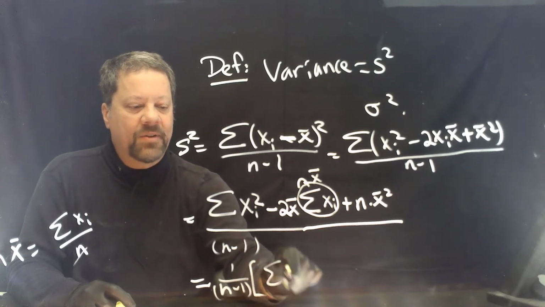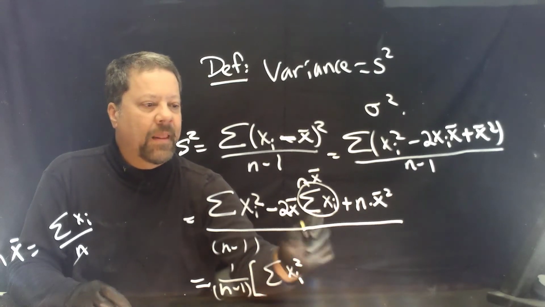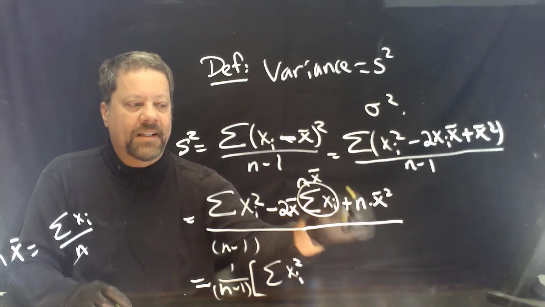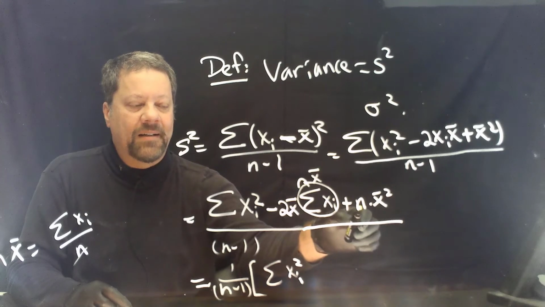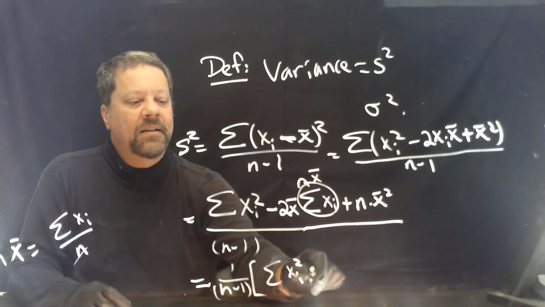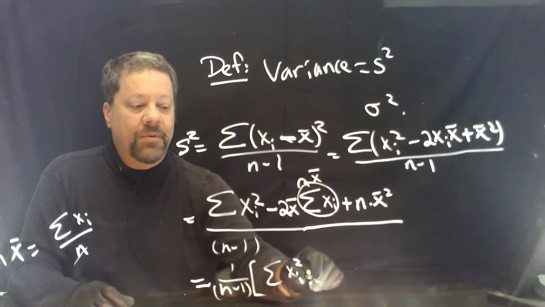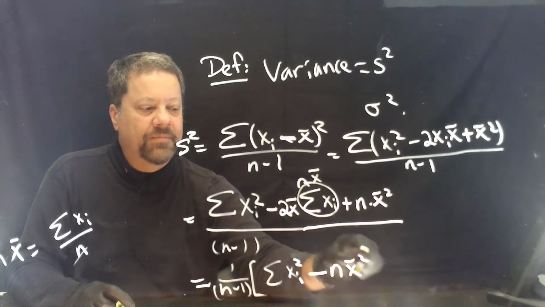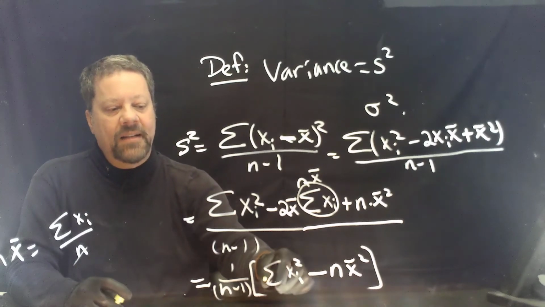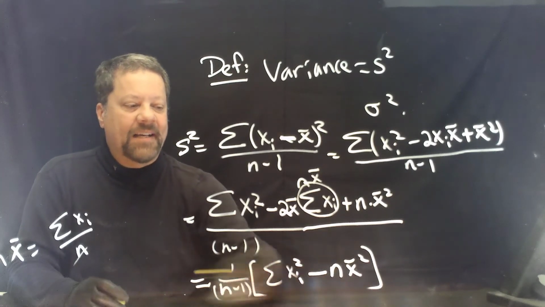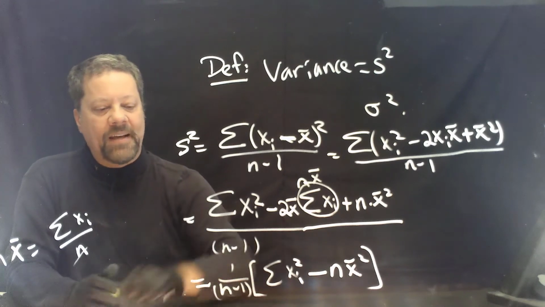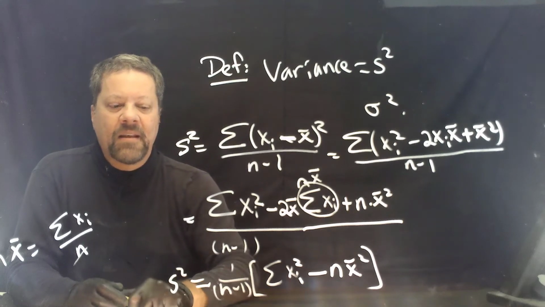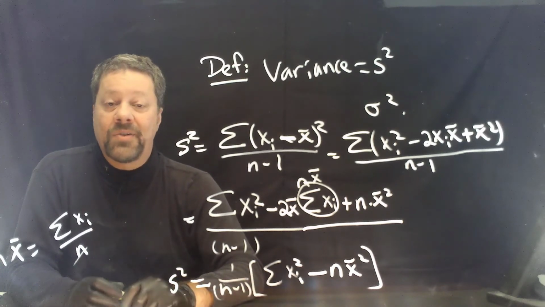We're getting the sum of the squares of the data values, and then this gives us minus twice times n times the x bar squared, plus n times the x bar squared. Negative 2 of them plus 1 of them gives you minus 1 of them, n times x bar squared. So you take the sum of the data points squared minus n times the mean squared. Multiply that by 1 over n minus 1, and that's the way to get the variance. Take the square root, and of course you get the standard deviation.